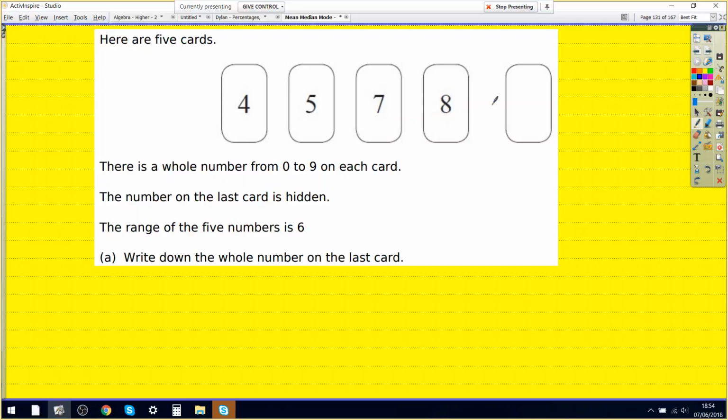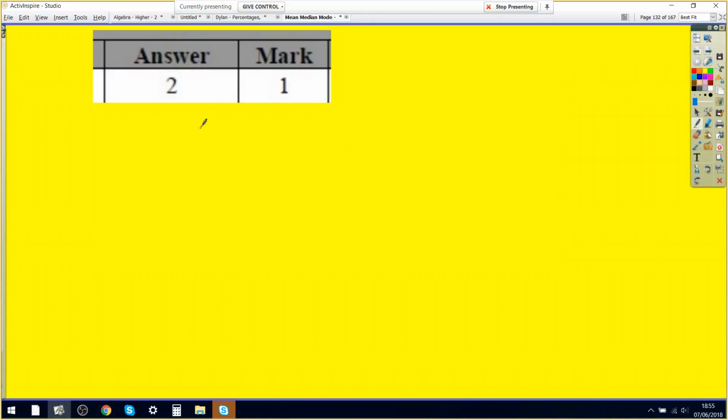So if it was 6, the range would be 8 minus 4, so it'd be 4. Biggest minus smallest. Oh, so it'd be 3? No, 2. 2, correct, yeah. So that is 2.